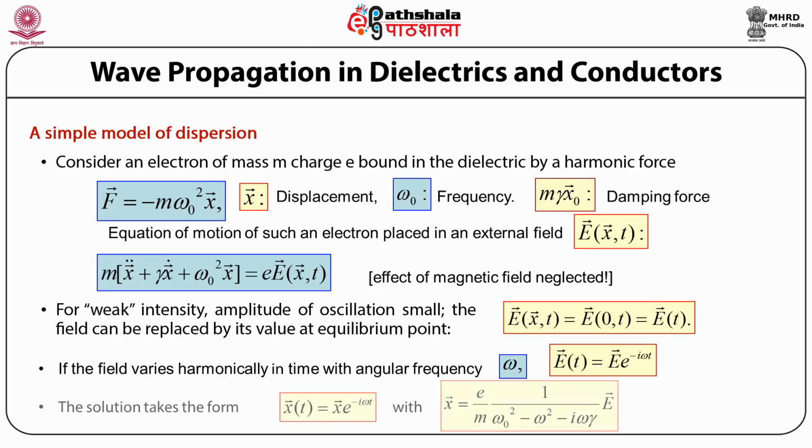In that case, the solution can be written as x(t) equals x e raised to power minus i omega t.